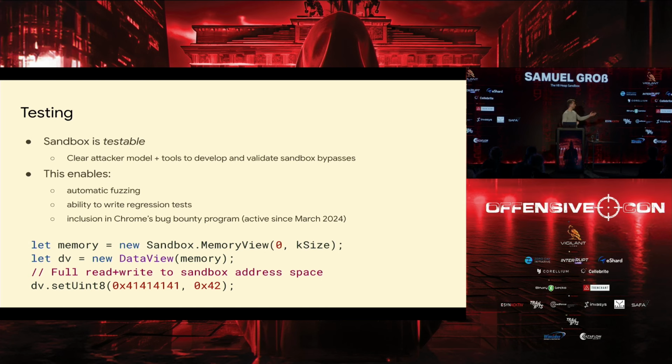You create a sandbox memory view, give it an offset from the start of the sandbox, that's 0, and some size, and then it lets you completely read-write this entire in-sandbox address space. That's emulating an attacker, a typical V8 bug, and this is used to write sandbox bypasses.